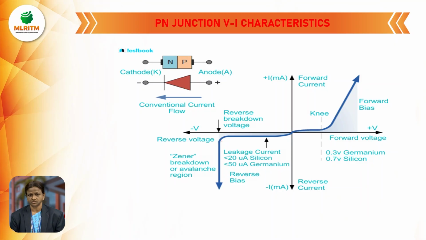Then free electrons are released. Whenever this free electron collides with one covalent bond, two free electrons are obtained. Whenever these two free electrons collide with another two covalent bonds, then you get 4 free electrons. Again from 4 to 8, from 8 to 16, from 16 to 32, 32 to 64, 64 to 128, like that.